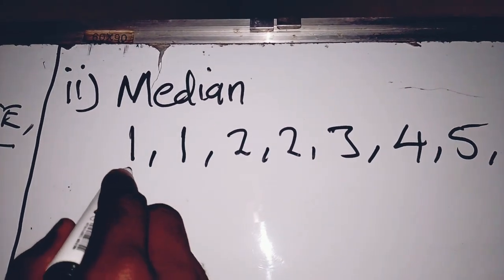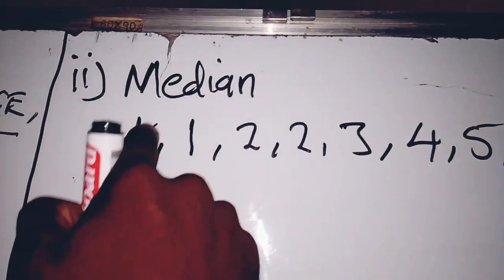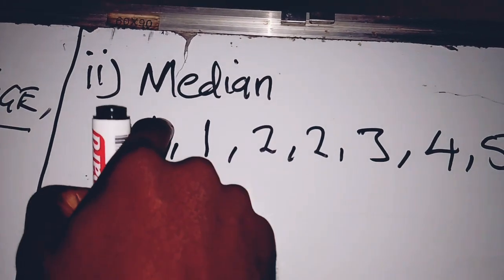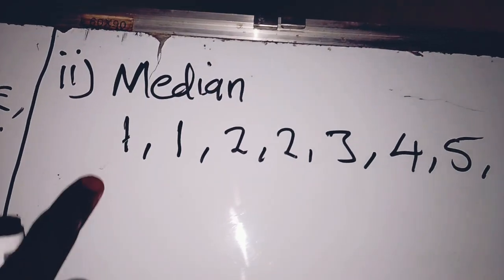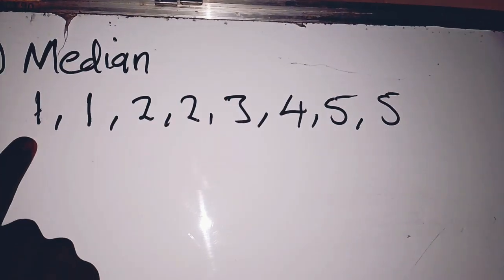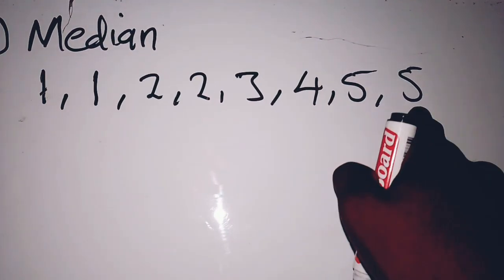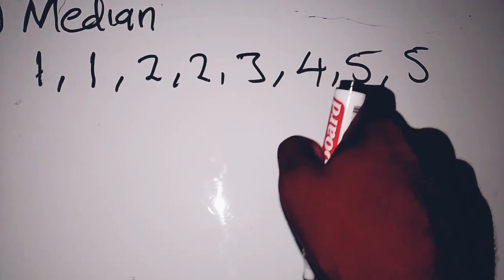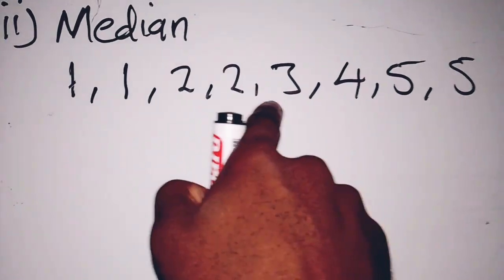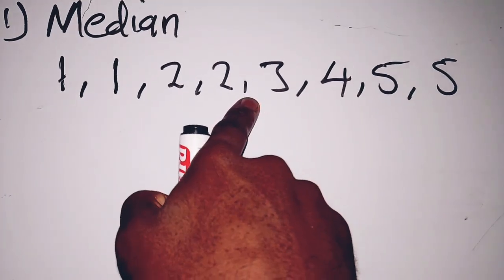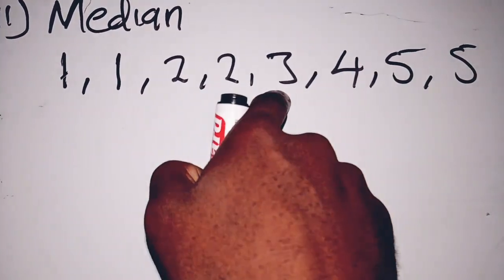If this one cancels, this one cancels as well. Once we remove one number from this side, we also remove one from the other side. So we remove 1 and 5, 1 and 5, 2 and 4, and we are remaining with the 2 and 3. So 2 numbers appear in the middle.